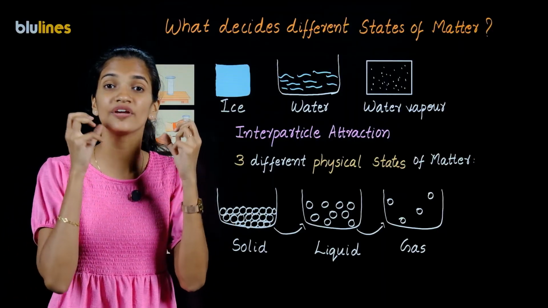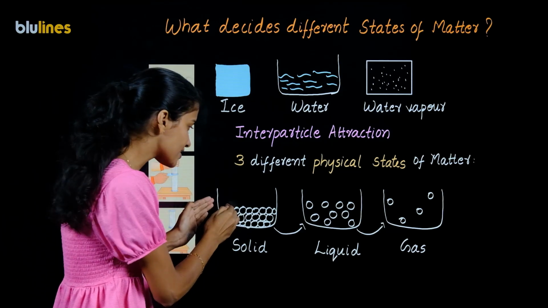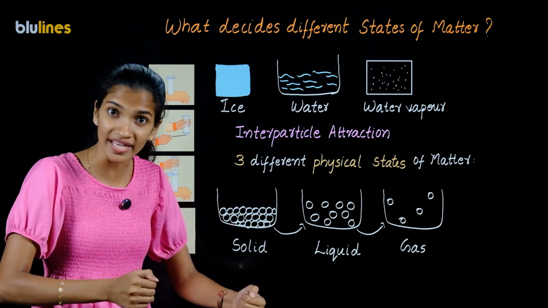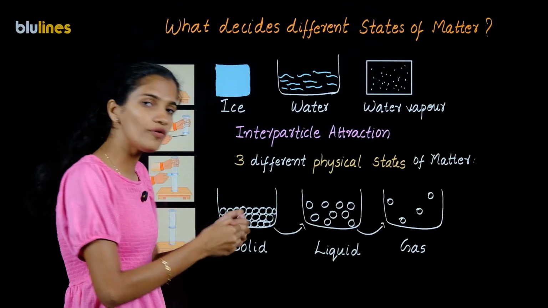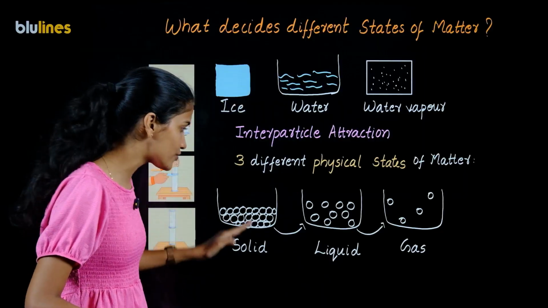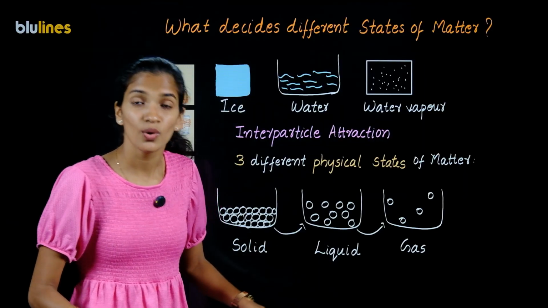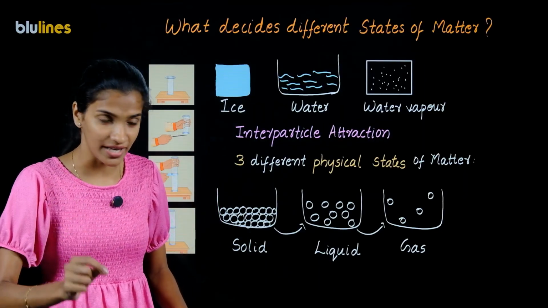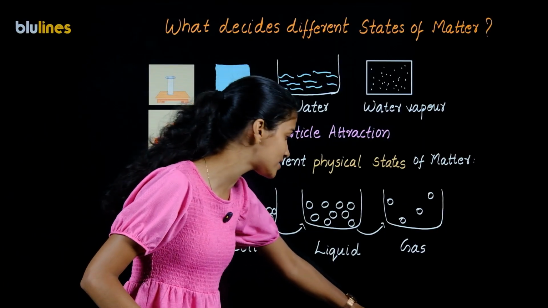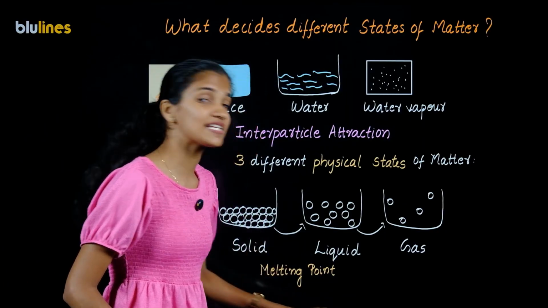They will start vigorously vibrating. As a result, the interparticle attraction between the particles weakens and they move away from each other, which leads to the transformation of solid to liquid. So the minimum temperature at which solids transform to liquids is known as the melting point of that particular solid.